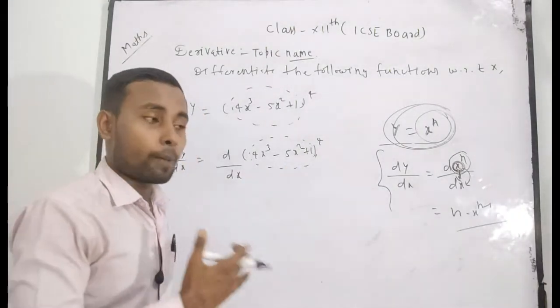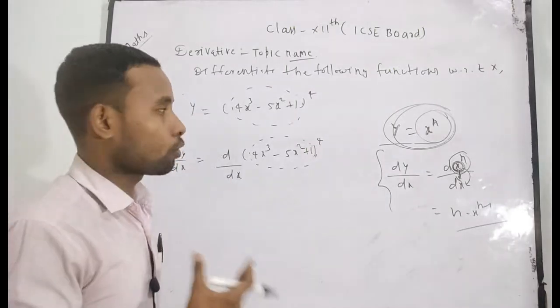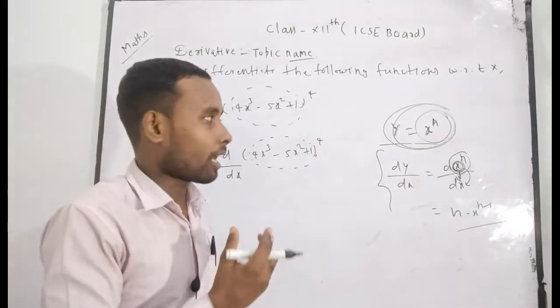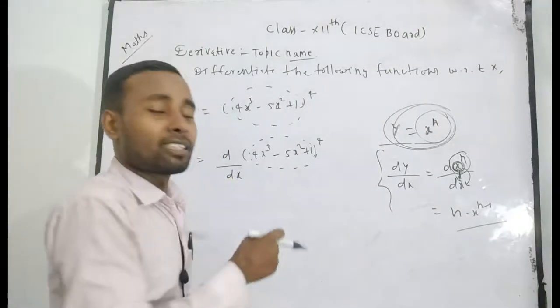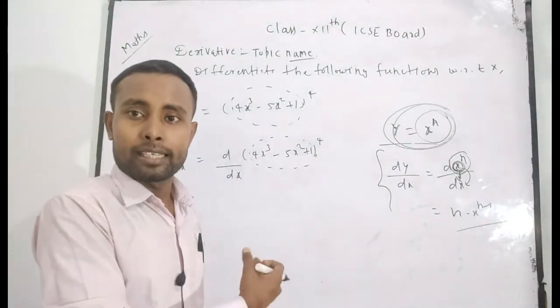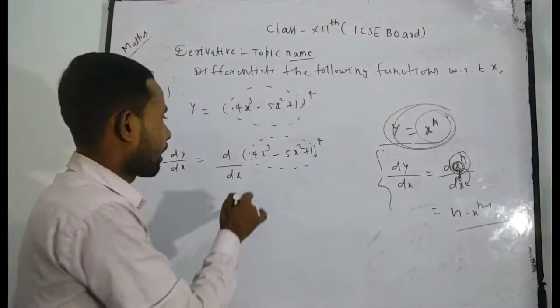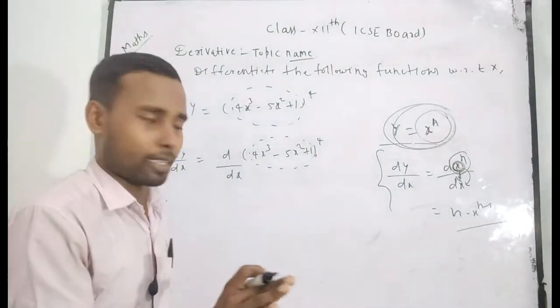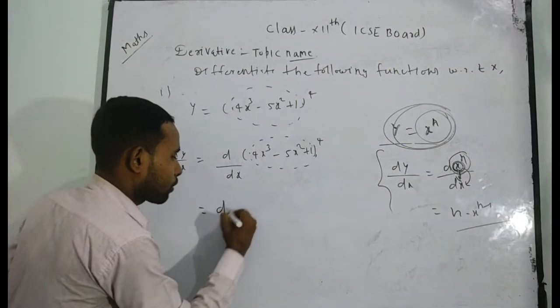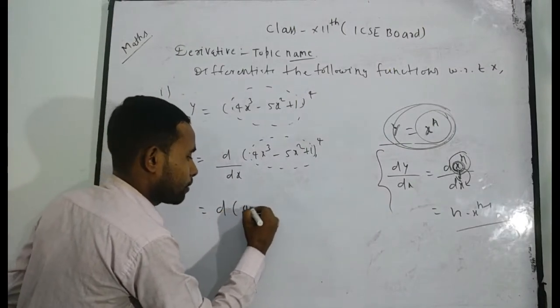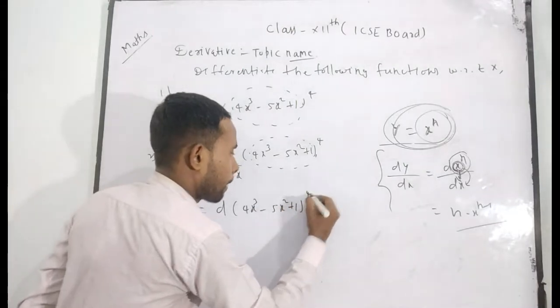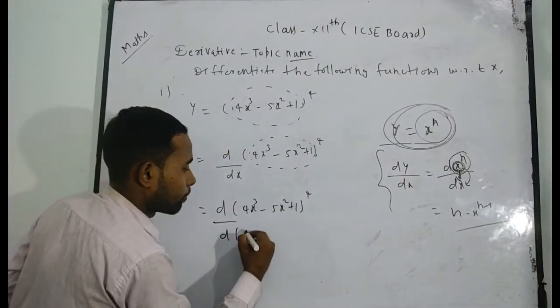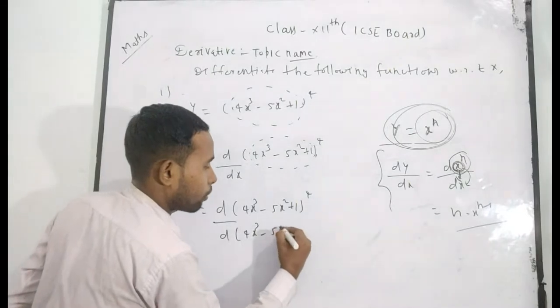Actually, this is a logic or a clue, not a concept. Only for convenience, I take this dx as a numerator or denominator, but it is not a numerator or denominator. Now I want to write the derivative of (4x cube minus 5x square plus 1) whole to the power 4 with respect to which? 4x cube minus 5x square plus 1.